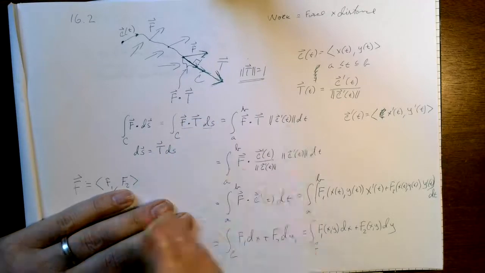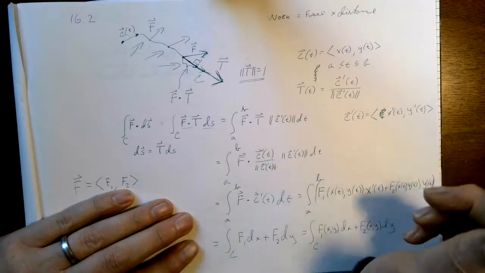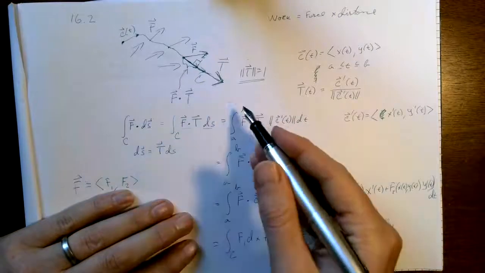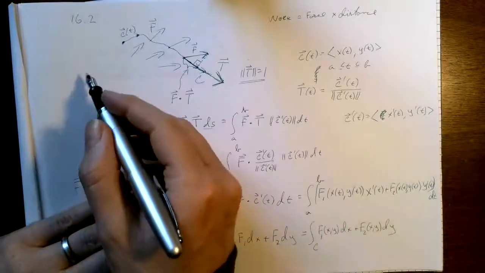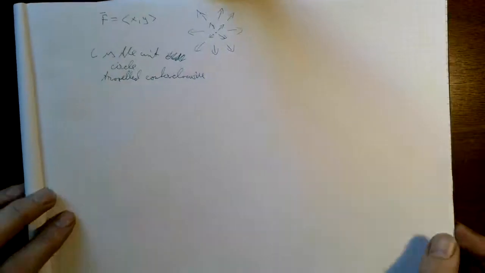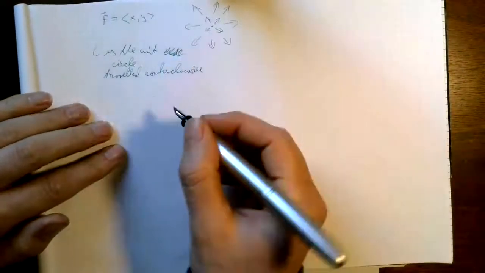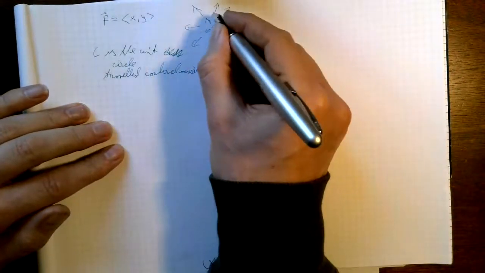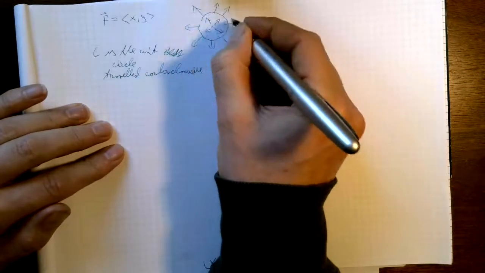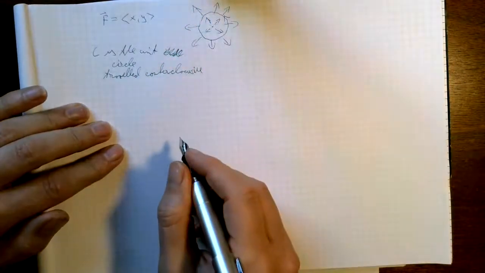T points in the direction of travel, so it either points this way or this way. There are basically two orientations that we can take, so we always have to say exactly which direction we're traveling along. So, all right, we have our C as this circle, and we're going counterclockwise.